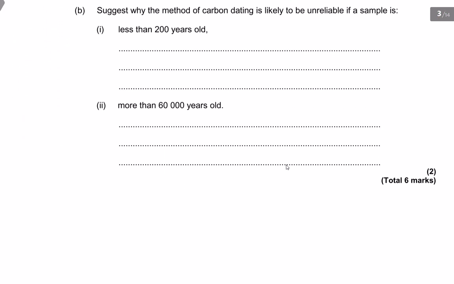Part B: suggest why the method of carbon dating is unlikely to be reliable if the sample is less than 200 years old or more than 60,000 years old. It's quite important to think about where the idea of carbon dating comes from and why it's useful.